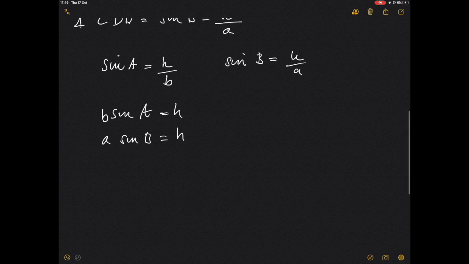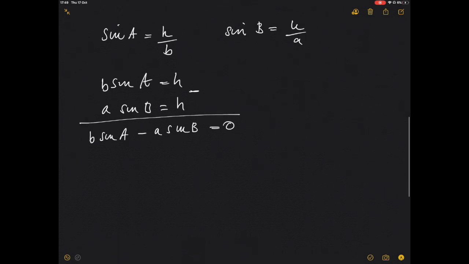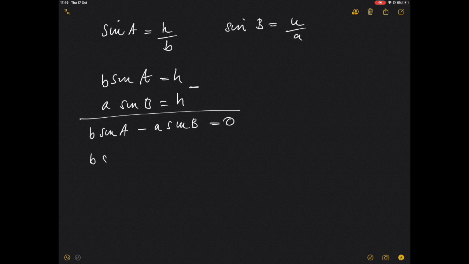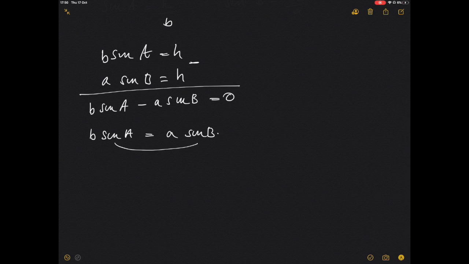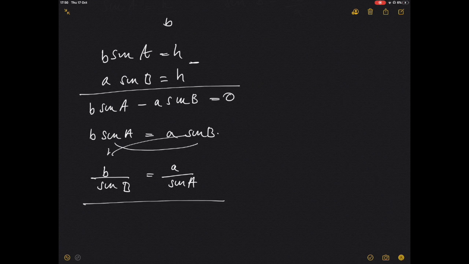So what we can do is subtract these two from each other. That will give us b sine A minus a sine B equals 0, or we could say that b sine A equals a sine B. Or if we just move this one down, we can say that b over sine B equals a over sine A. So that's quite simple and straightforward.